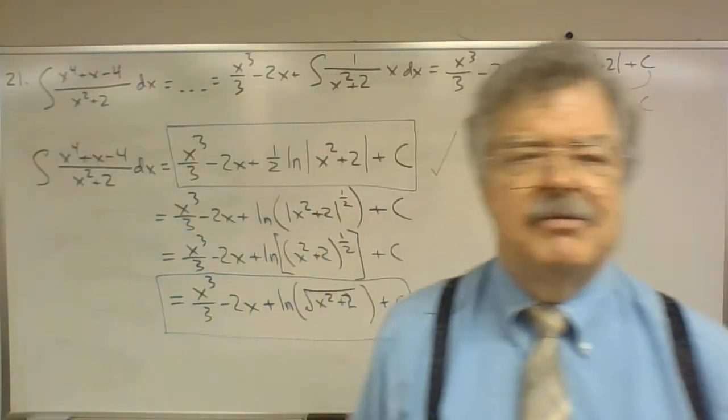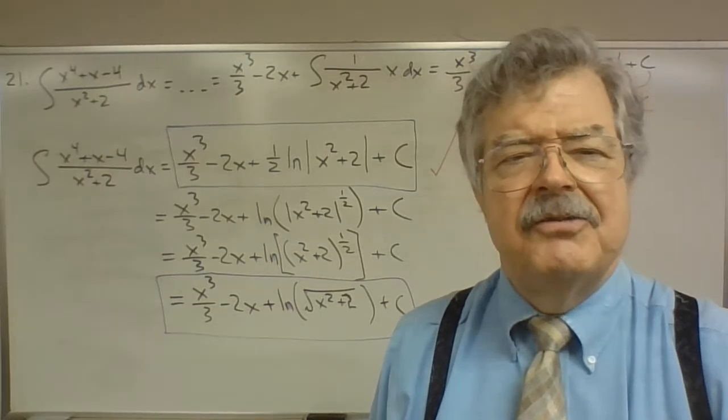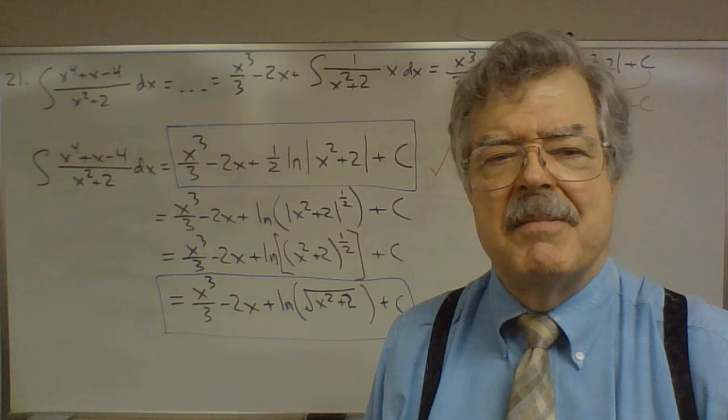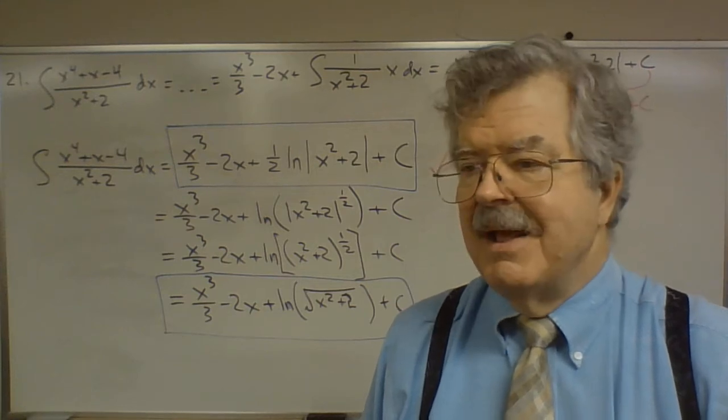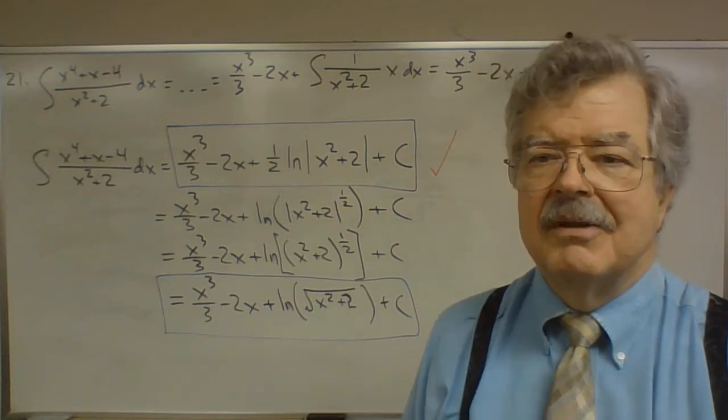Okay, let's see. That was exercise 21. Exercise 17 is next. I'm sorry I'm doing them out of order. I forgot about number 17, but number 17 is coming next.